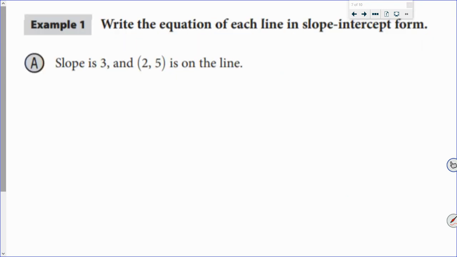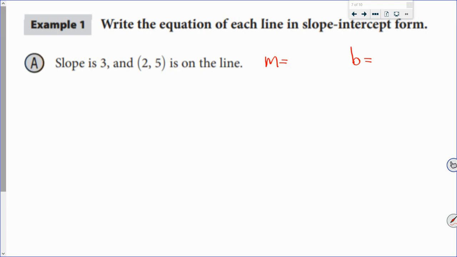Well, look at this one. I want to write a slope-intercept form of an equation. And I'm told that the slope is 3. And I'm told that it includes this point (2, 5). Okay? So I know those two things. In order to write the equation of the line in slope-intercept form, I need to know the slope and the y-intercept.